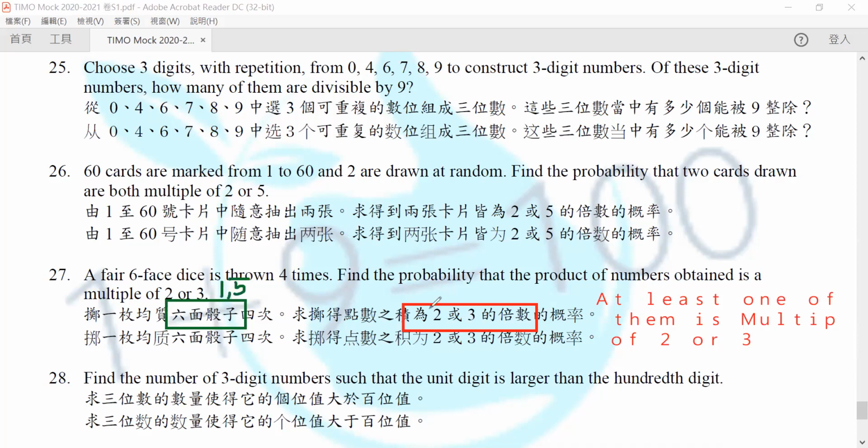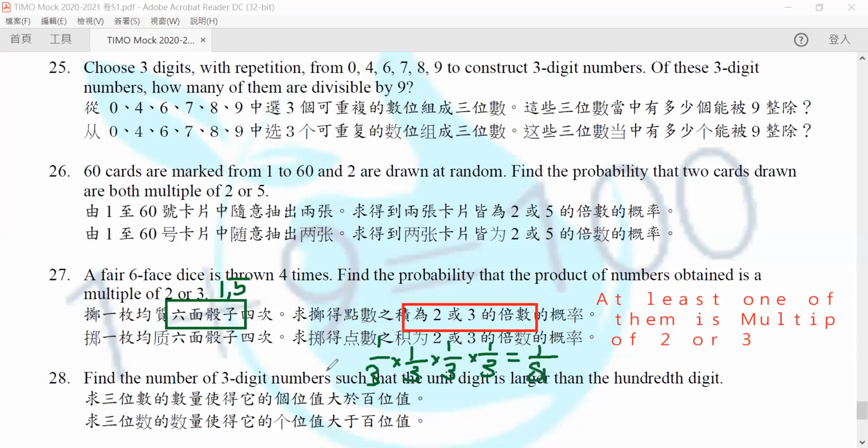So let's ask the opposite. What's the probability that we roll such that we do not get a multiple of 2 or 3? It always gets 1 or 5. So every time it's only 1/3 probability of rolling 1 or 5, so that every one of them is 1 or 5 is equal to 1 over 81.